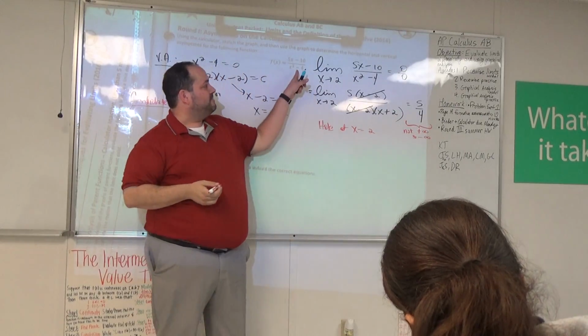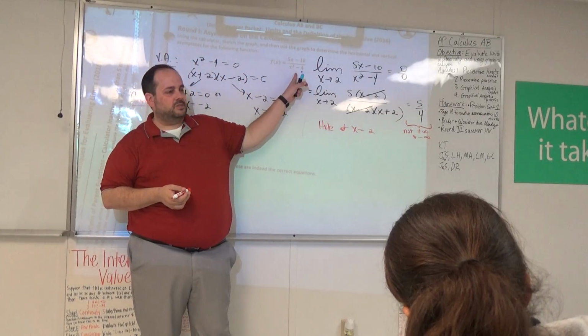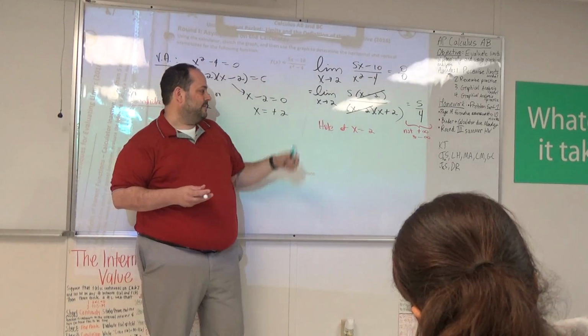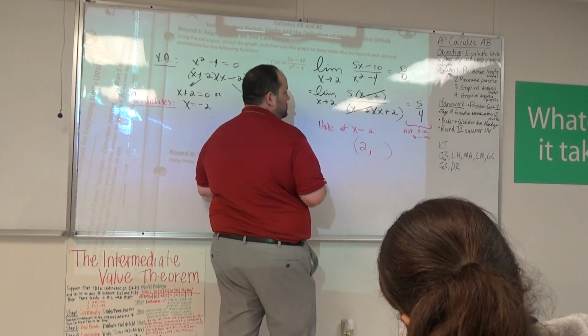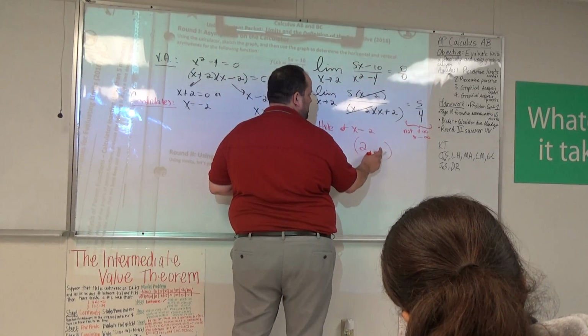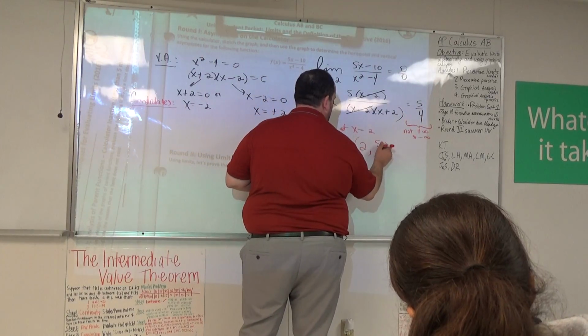I cannot evaluate my function at 2. That would put 0 in the denominator, and that's a bad thing. The location of your hole is at x equals 2, and the y coordinate for the hole is 5 over 4.